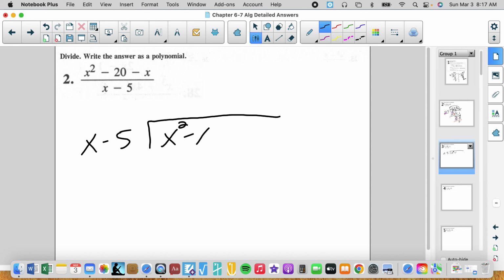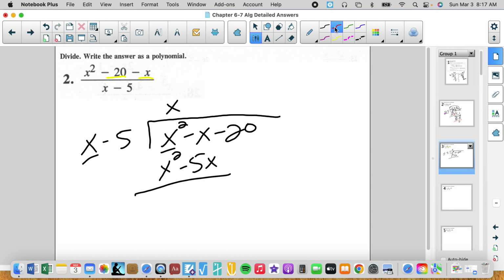Oh, I'm going to write it in standard form. So notice, not in standard form. I'm going to write it in standard form first thing. So I'm going to take my firsts. X times x gives me x squared minus 5x. And then I'm going to change the signs. My x squares cancel, and I'm left with 4x.